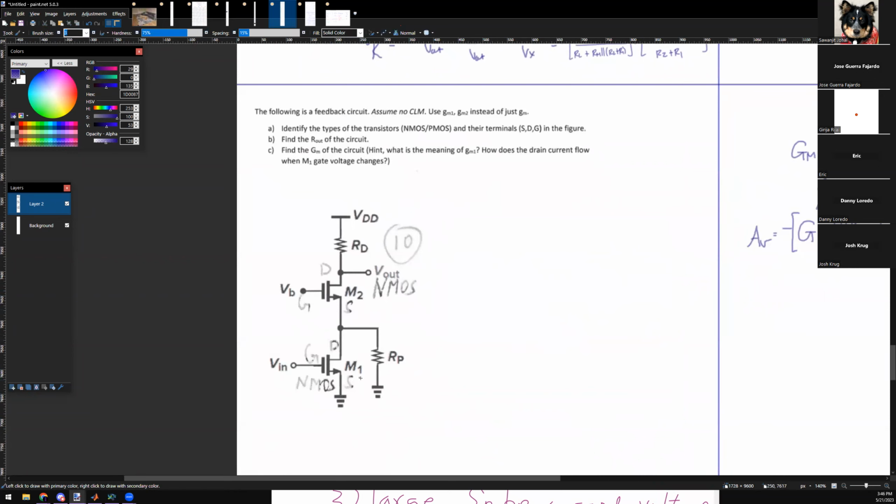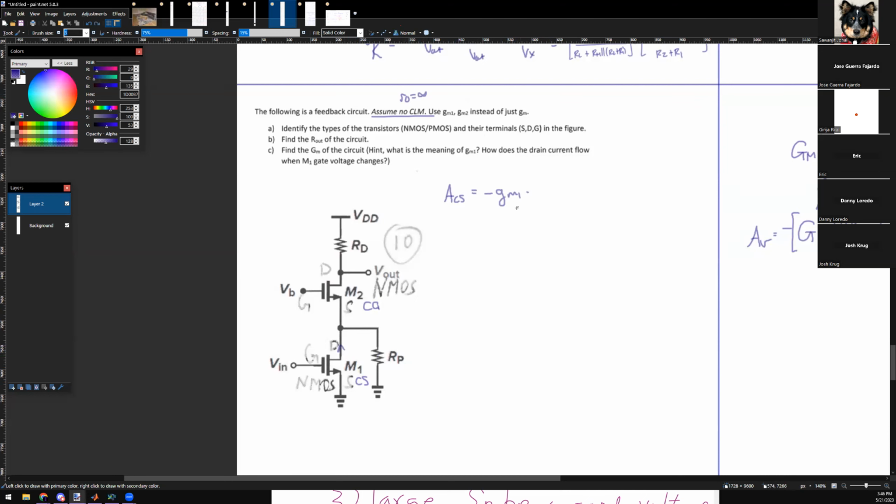To me, this is a common source, and this guy's a common gate. So I'm just going to do common source, common gate. ACS here, assuming no channel length modulation so R naught is infinity, is negative GM1 times the resistance into the drain, RD.